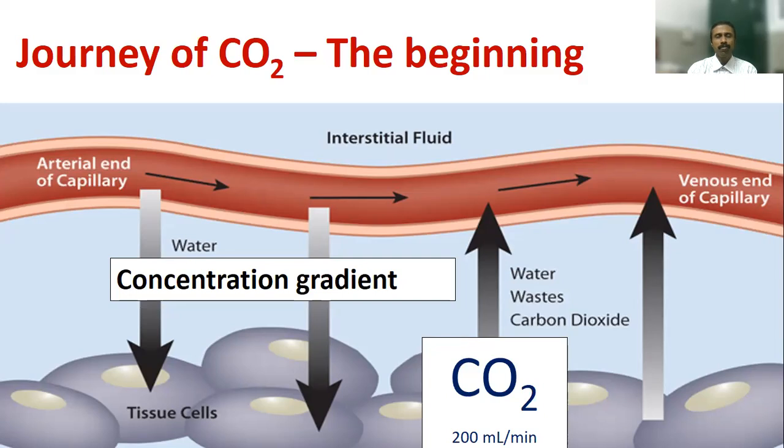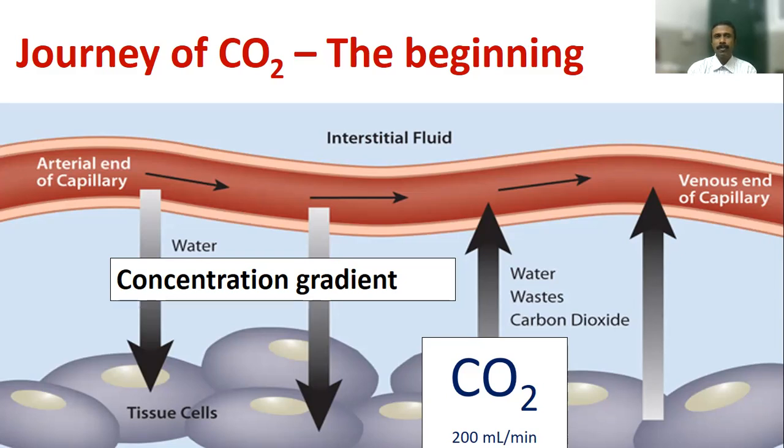This is the dissolved form of carbon dioxide. Though in this form, it might not be contributing significantly to the amount of carbon dioxide that is being transported from tissues to the lungs, we have to remember the importance of this dissolved form, because this is the only form in which carbon dioxide can move across the cell membranes.